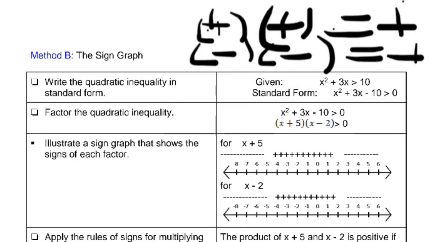So in this case, we can say that quantity of x plus 5 times quantity of x minus 2 is greater than 0 if they are both negative or both positive.